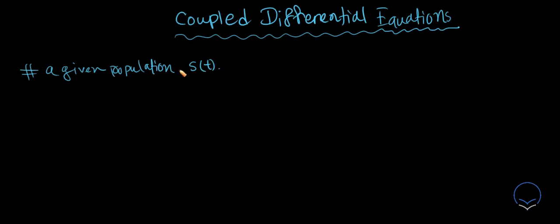This is the S. So these are called the susceptible cases. That means they might get infected, but it's not confirmed whether they have been infected or not. So we call them susceptible.